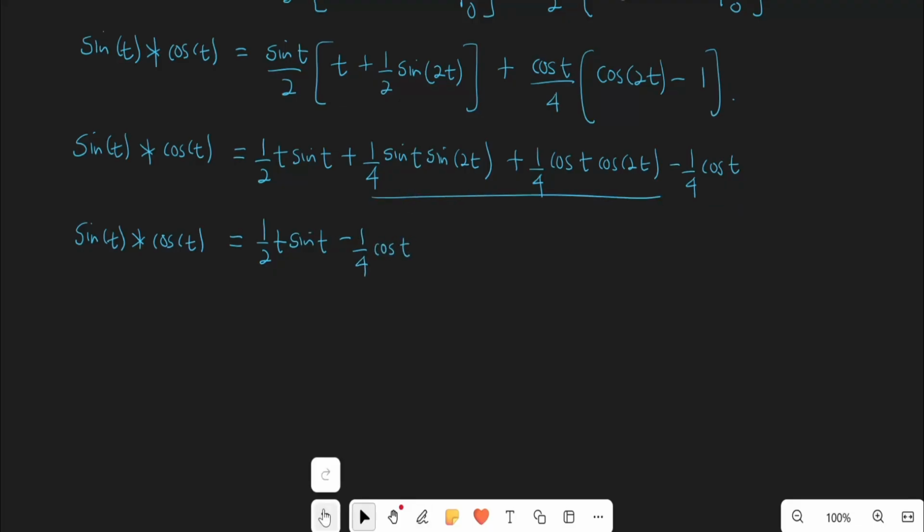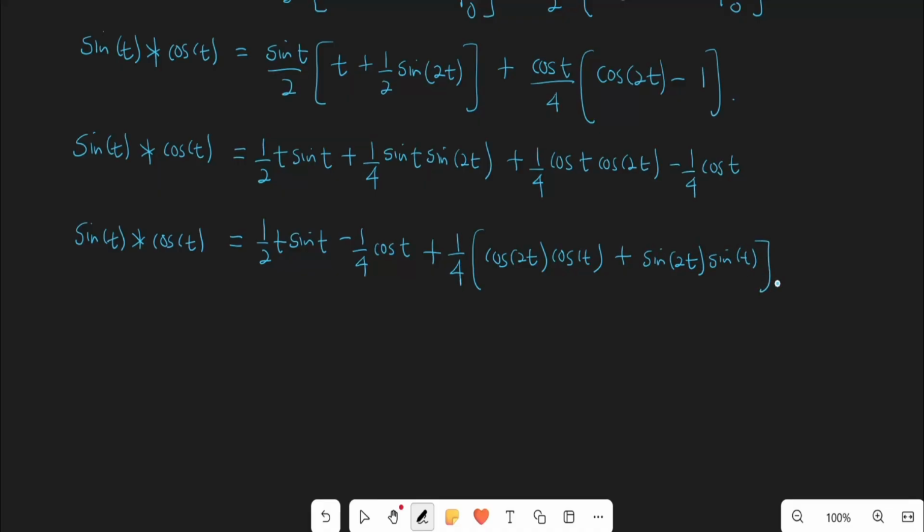But these guys, I'm going to do something here. 1 over 4 is common, right? So I'm going to write it like this, 1 over 4 outside. Then I'm going to write cosine of 2t multiplied by cosine of t, right? And I'm going to have plus sine of 2t, right? And then sine of t, like this.